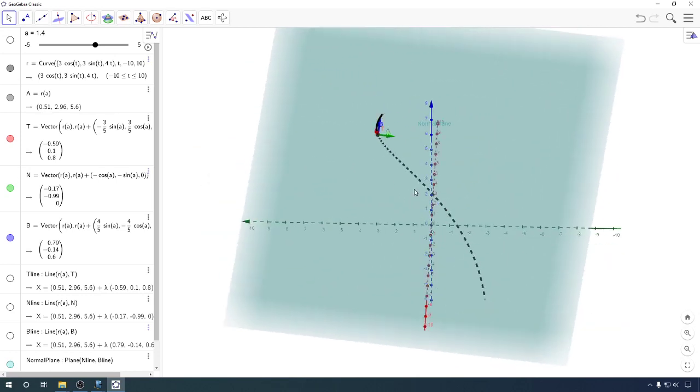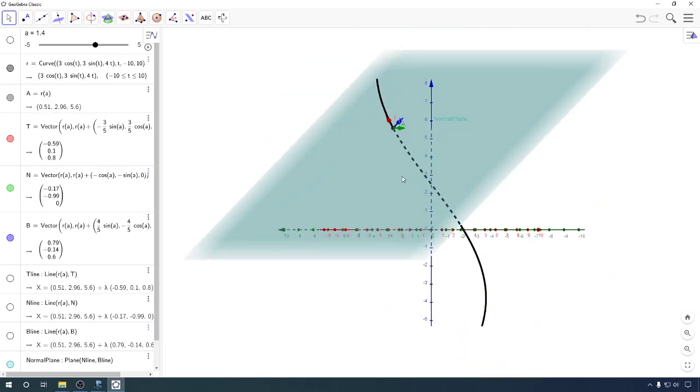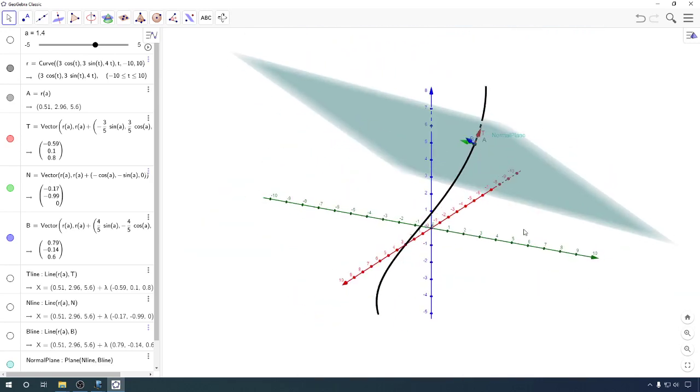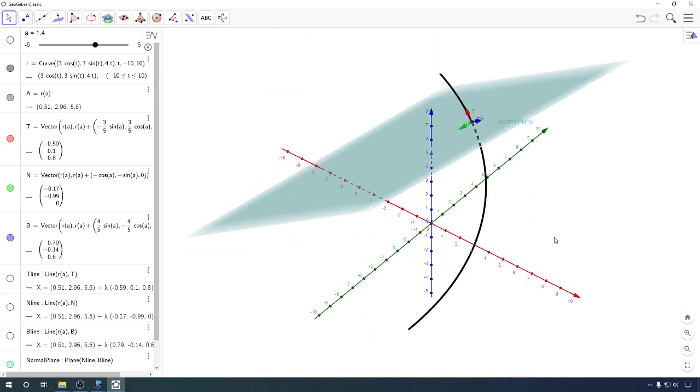In fact, this plane essentially contains all the vectors that are normal to the curve at this point. So the N and B are two specific normals that are important, but all the other normals are in this plane. Now, that's kind of all we really want to talk about the normal plane.